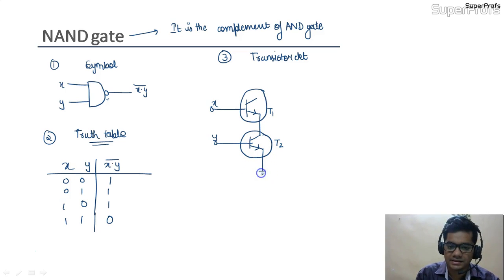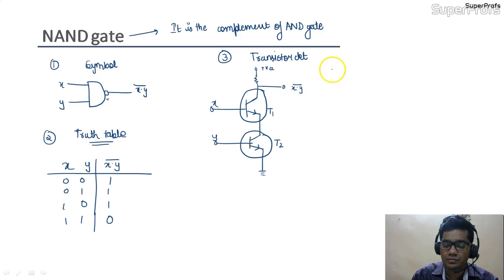This is our ground. This is plus VCC at the collector, this is our resistor and this is our connection. In the AND gate we have taken the output from this point, but in the NAND gate we are taking the output from this point, that is x dot y bar.